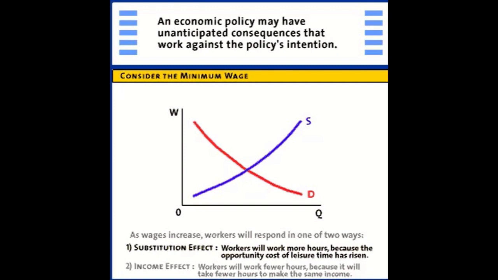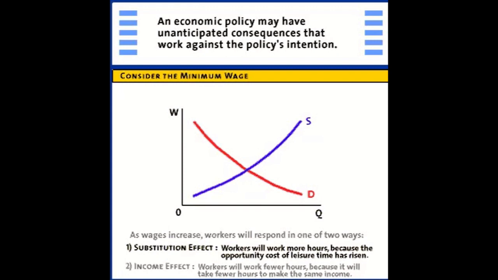That is, at the intersection of the blue and the red curves. If we drop our line down here, we'll see this is the quantity of labor that would be supplied and demanded in the labor market at equilibrium, and the wage at which the market clears would be W star.